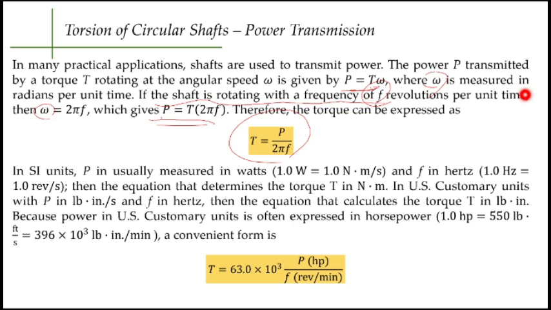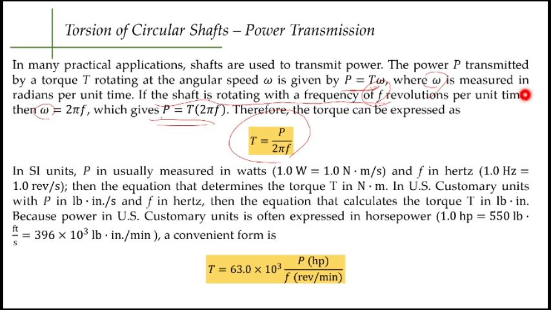random numbers. But nevertheless, you were able to encounter this in your thermodynamics when we did conversion from one unit to another, from English to SI. So as we all know, 1 horsepower is 550 pound-feet per second, which is also equivalent to 396 times 10 to the power of 3 pound-inch per minute, right?